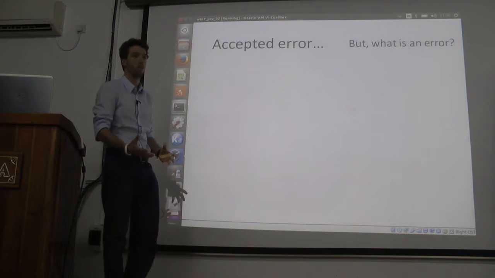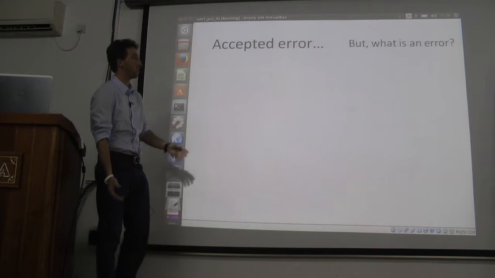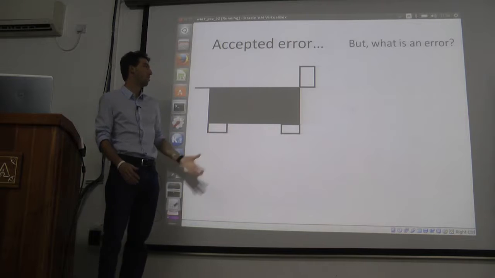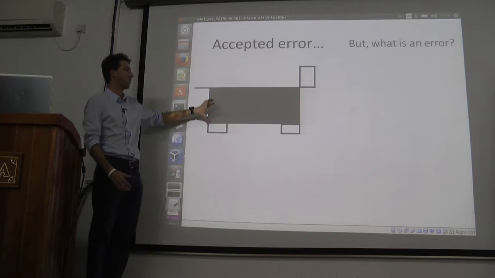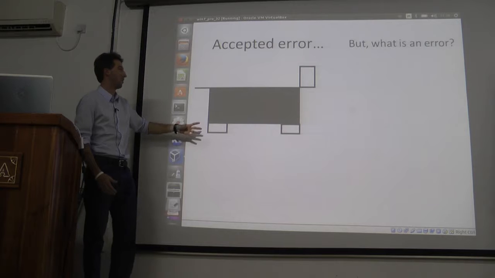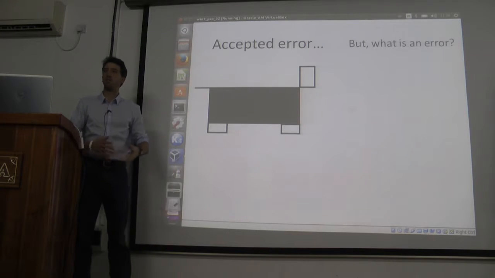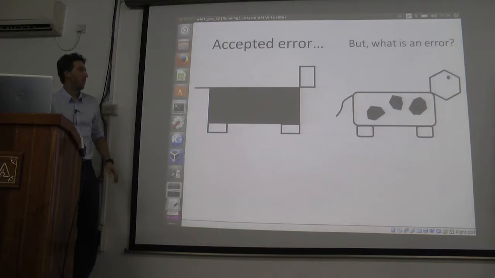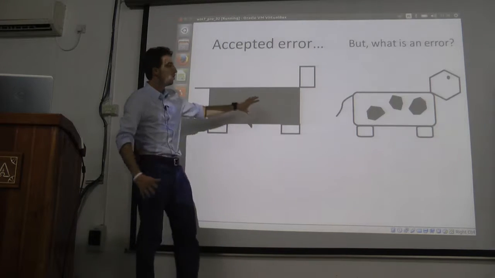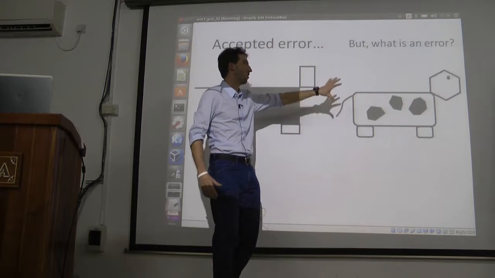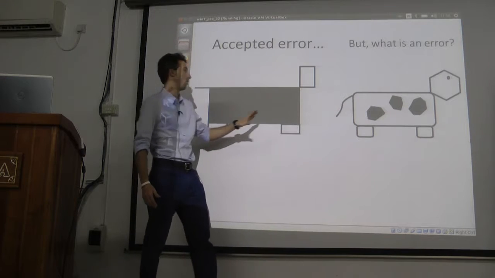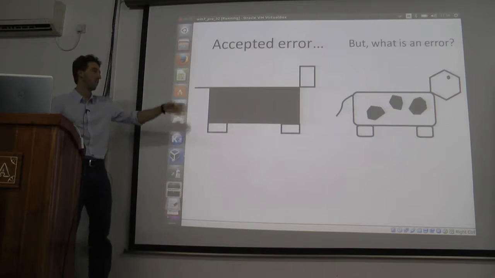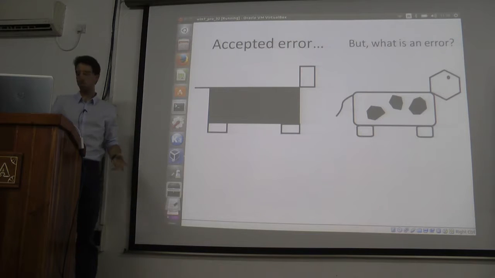Error is something complicated for meteorologists. So what is an error? For you, this can be just something, maybe some animal, or I don't know, a dog, a kid's drawing. When you get more resolution, you start to see more details, and then you can define, okay, this is not only a geometric picture, it can be, I don't know, a dog.